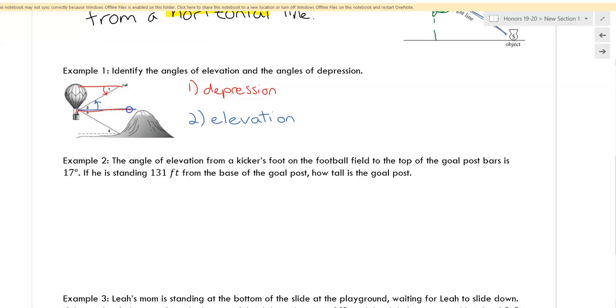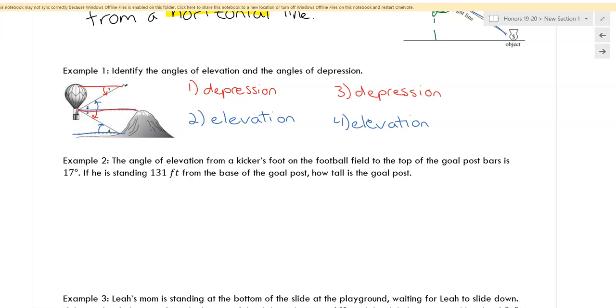Number 3, using that same horizontal line, it's going down from there. It's an angle of depression. And number 4, here's my line, and it's going up. So that is an angle of elevation. So elevation goes up, depression goes down.